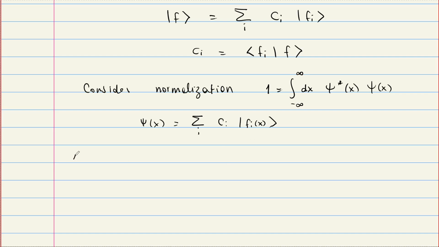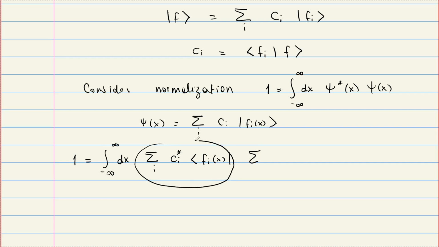Then 1, I'm going to insert here, the integral from minus infinity to plus infinity dx, sum over all i, Ci star Fi star of x. So this object is psi star, and now I'm going to write psi exactly the same way.